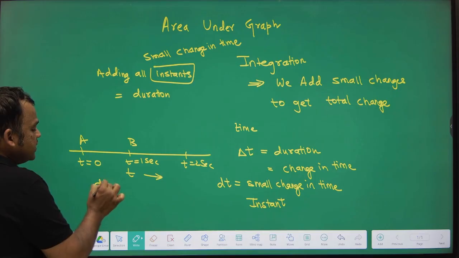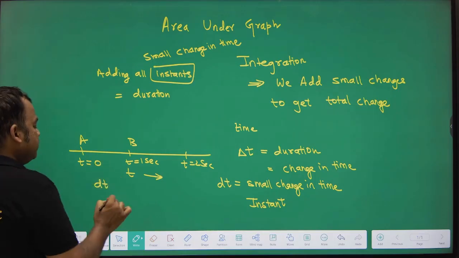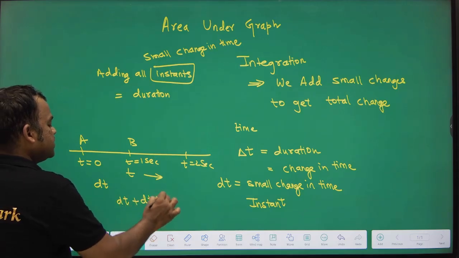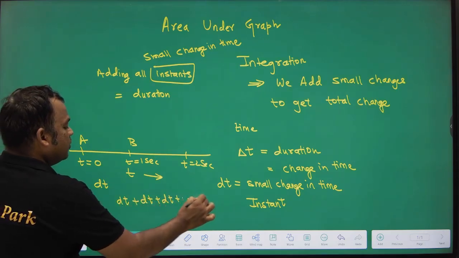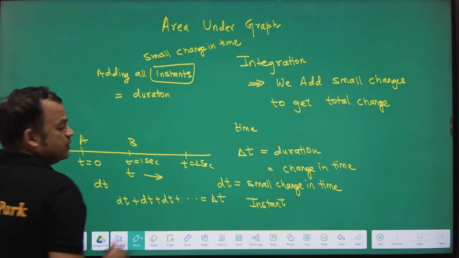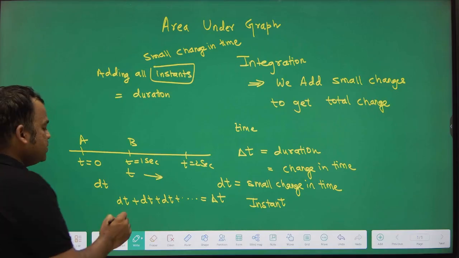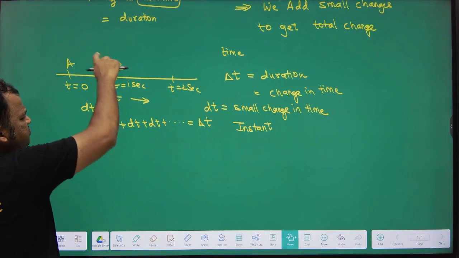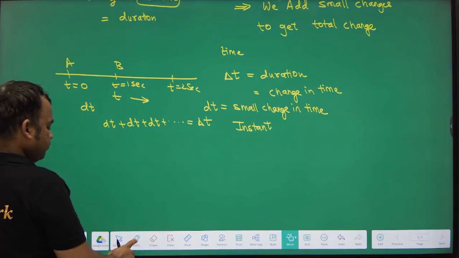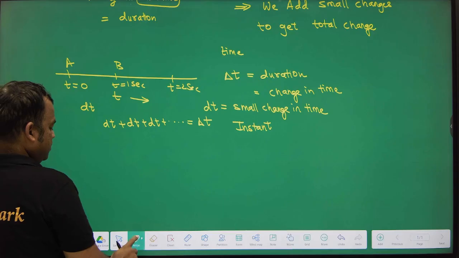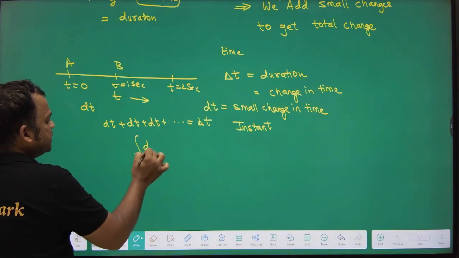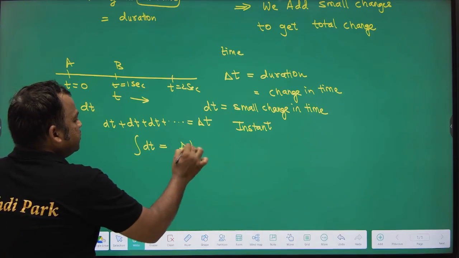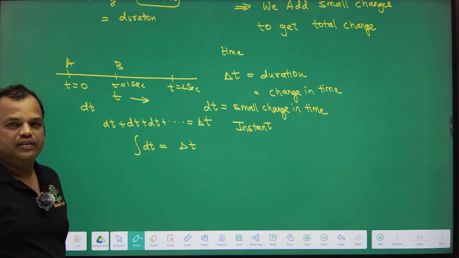Each instant is dt. When we add all the instants, dt plus dt plus dt and so on, we get delta t. This is also known as integration of dt. Integration of dt becomes delta t.